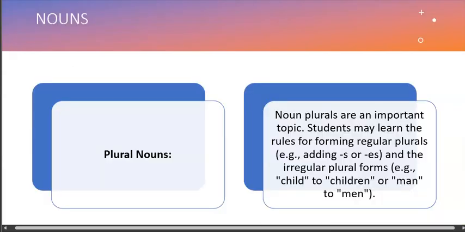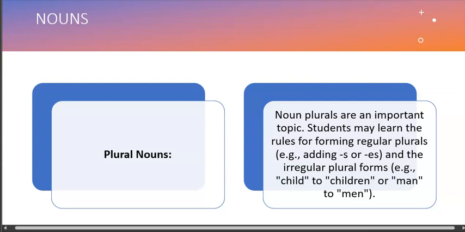Then we have plural nouns, okay? So noun plurals are an important topic that we all should learn and understand the rules for forming regular plural nouns, okay? So here with plural nouns, we have the regular plural nouns and the irregular plural nouns. Now, I know most of you knew this, or most of you did not know this.